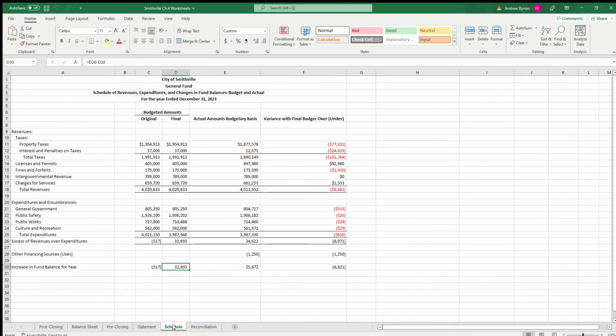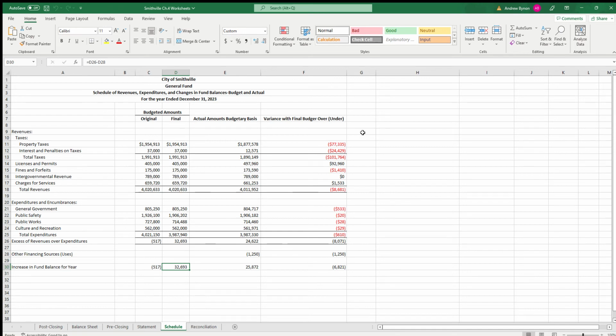Then we also got our schedule of revenues, expenditures, and changes in fund balances, budget and actual, which is meant to see how we're spending compared to the budget. Even if we have a budget, we might end up spending more than we need to.